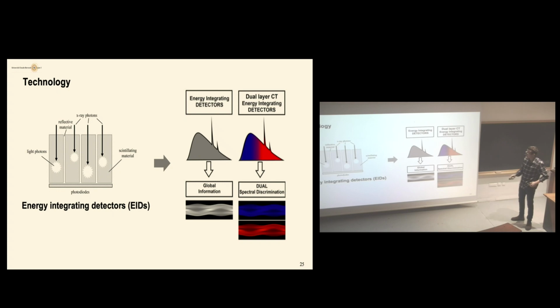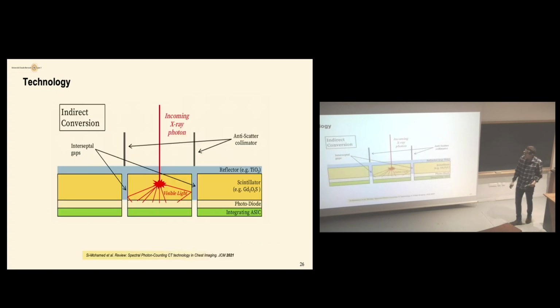The main point is that these detectors equip the current conventional and dual energy CT systems. They provide an indirect conversion of incoming X-ray photons. Within the detector pixel, you have a conversion into visible light that will then be converted by the photodiode and used as a signal.